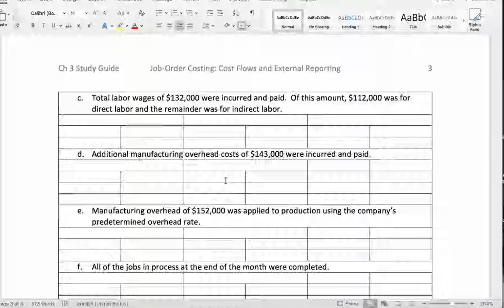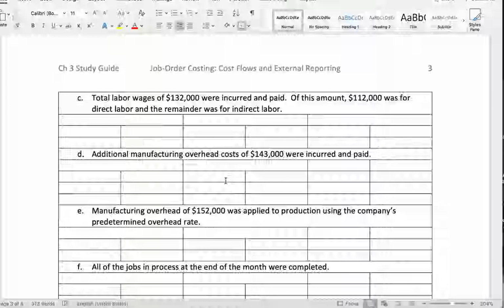Now let's look at C. C is very, very similar to B. So let's see what happened. Total labor wages, 132 grand, were incurred and paid. When you see something was paid right off the bat, you know cash, so I have to hit my cash account. They break down the 132,000: 112,000 was direct labor, and the remainder was indirect labor.